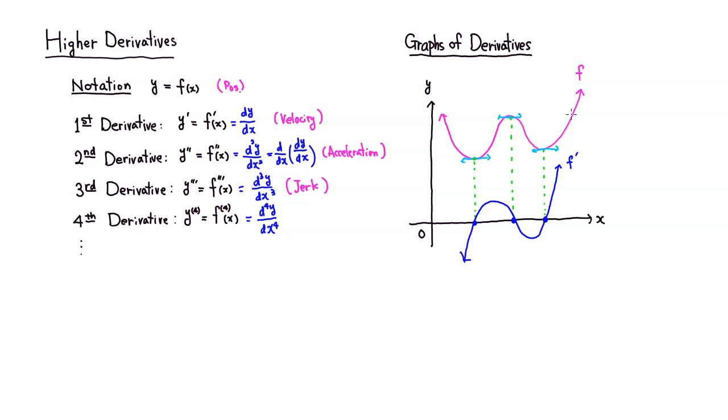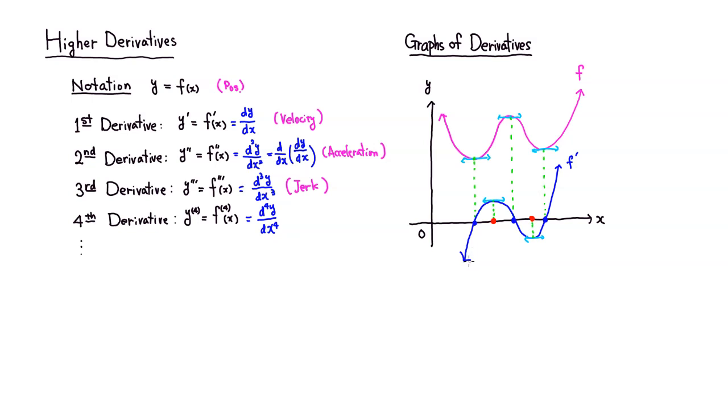Can you sketch the graph of f double prime? Let's try that. Look for the horizontal tangent lines of f prime. You can mark those points. Let's use a different color, how about red. We have to go through this point right here, and we have to go through the x-axis at that point.